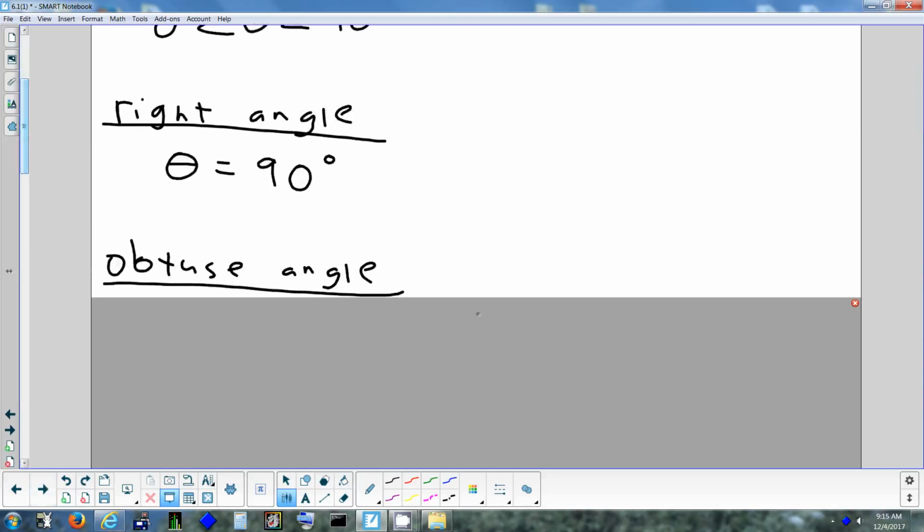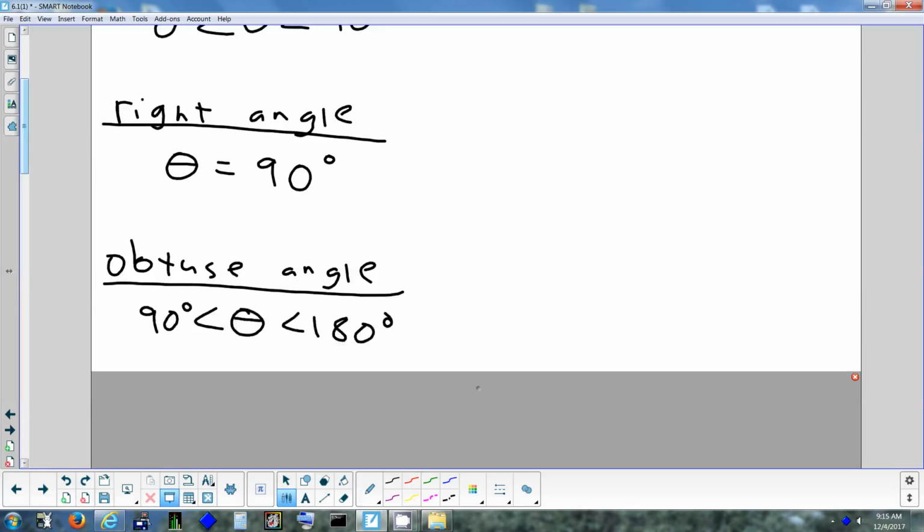Would it be less than 36? Yeah, we have to be a little more restrictive than that. It has to be less than something, but it can't go that big. Yep, 180. It has to be less than 180. Sometimes when an angle gets bigger than 180, we call that a reflex angle. Not a term that we really use a lot, but strictly for an obtuse angle, it should be between 90 and 180.